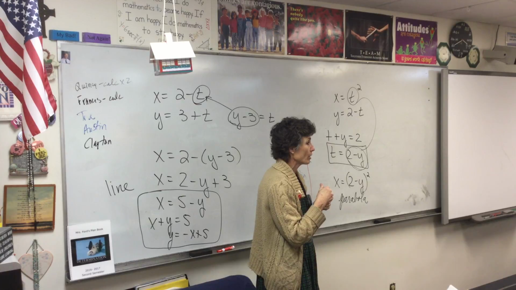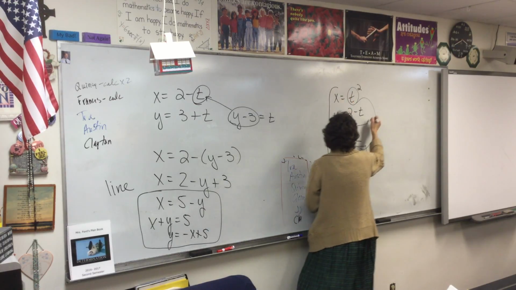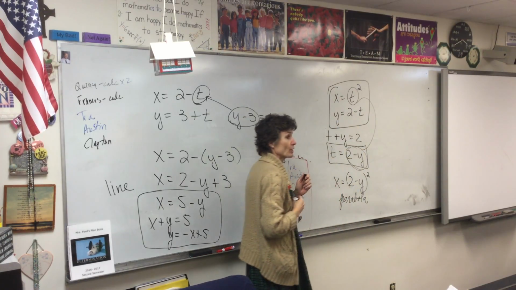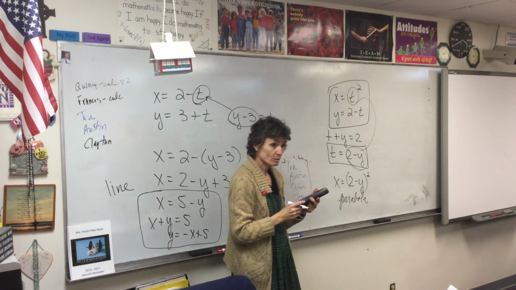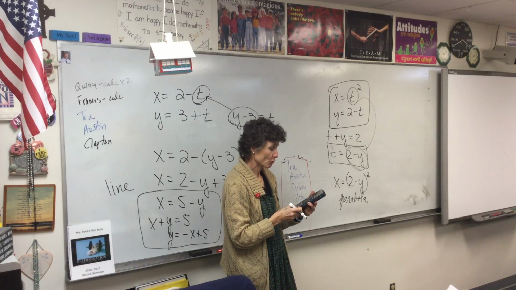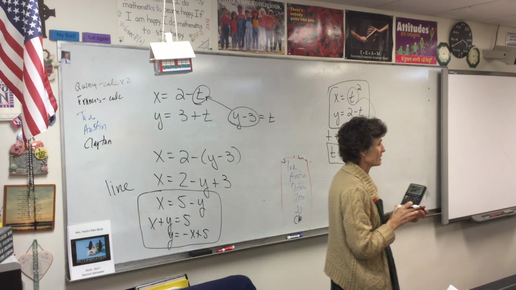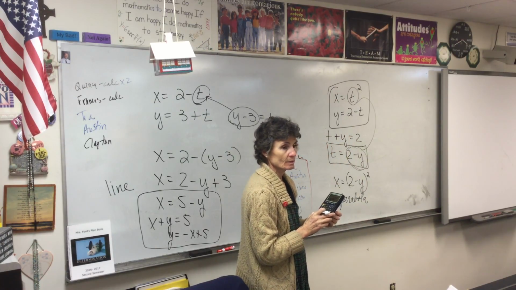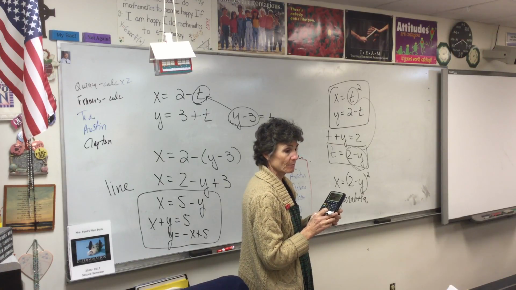PAR stands for parametric. And we are going to graph these two equations. You've decided it's going to be a parabola. We're going to check and see. So everybody in parametric mode? While we're there, would you go ahead and make sure you're in degrees? It doesn't make any difference. I just want to make sure we're all the same. Okay, so we're in parametric, PAR, and we're in degrees.